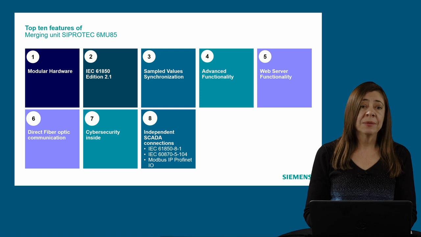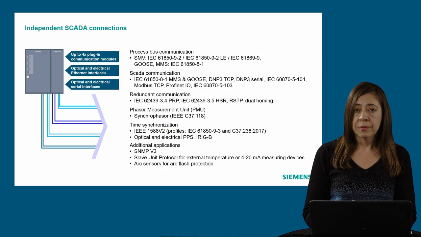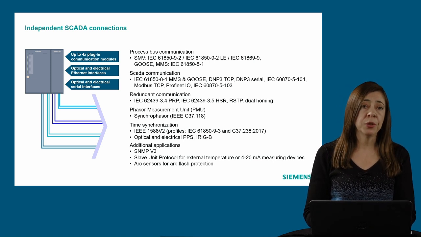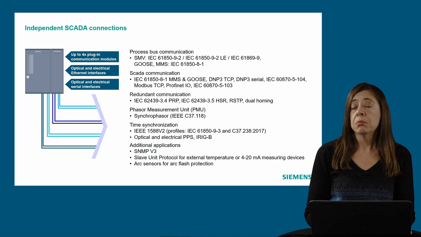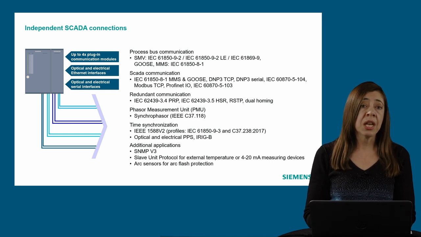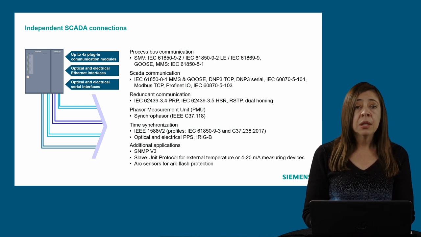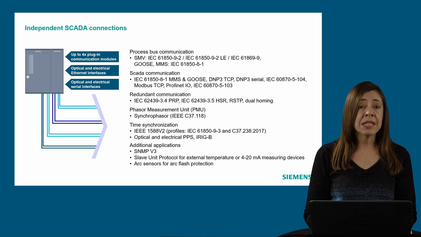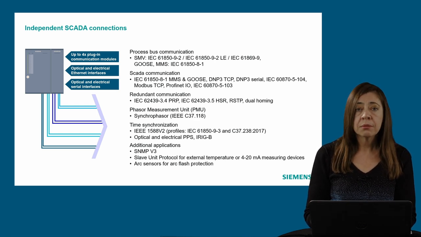Feature number 8, independent SCADA connection. As mentioned before, the merging unit can have up to 4 communication modules, and you can use any of them for the communication to a SCADA system using different types of protocols like IEC 61850, DNP3, either serial or Ethernet, IEC 104, Modbus TCP, Profinet, or IEC 103.